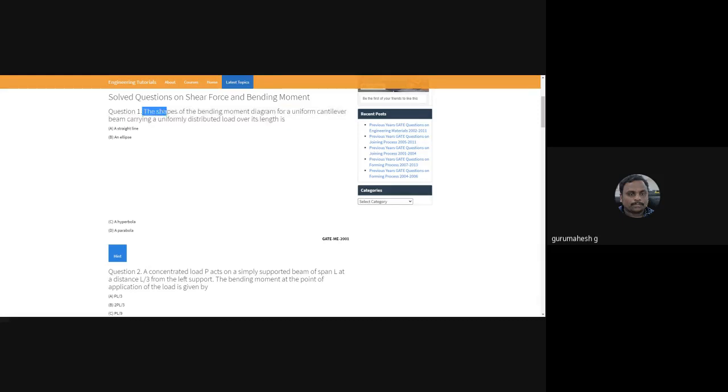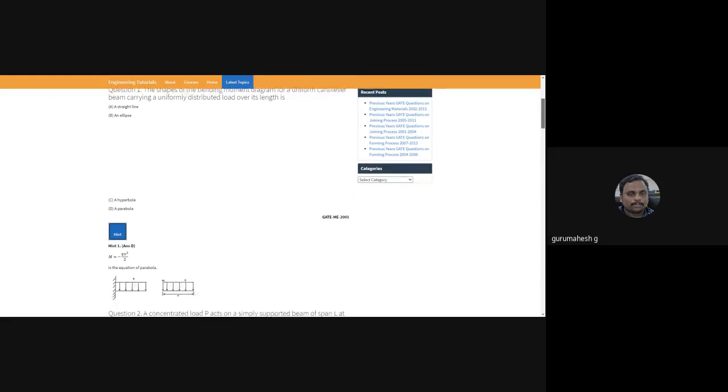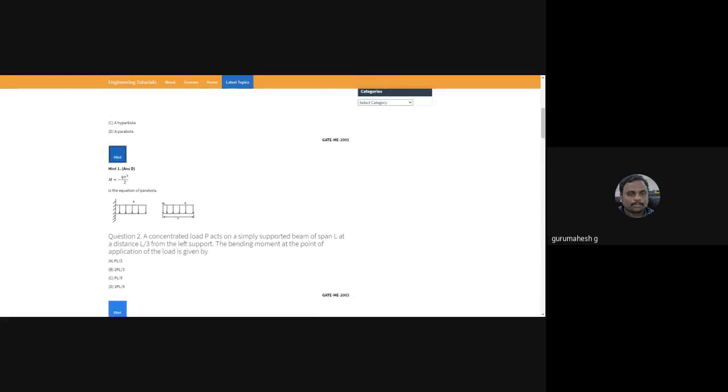The shape of the bending moment diagram of a cantilever beam carrying uniform distributed load over its length. For that, I choose parabola. So the answer is parabola. Just see the diagram hint. We get the equation of a parabola.